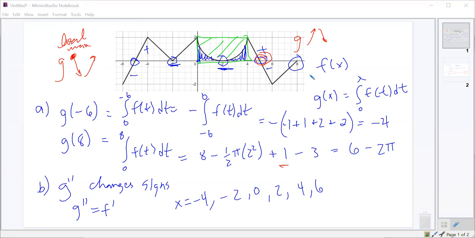Somebody's asking, wouldn't I know that it's not the absolute max? I'm not actually adding more stuff in here, I'm actually taking away stuff. We've got to think about it this way. G of x is the integral from 0 to 6. So I'm losing value here, but then I'm regaining that value as I come back. It's sort of hard to explain in words.